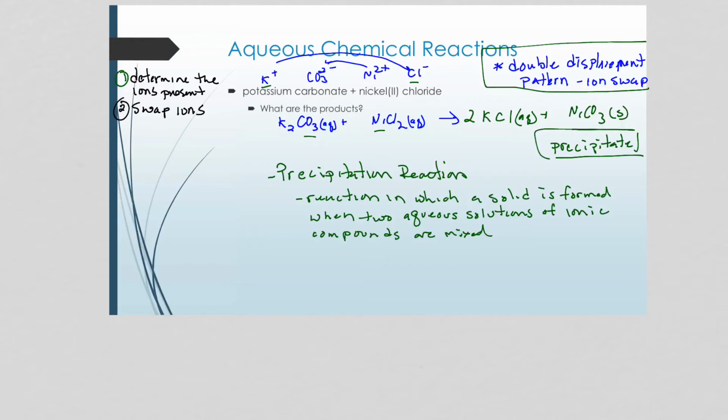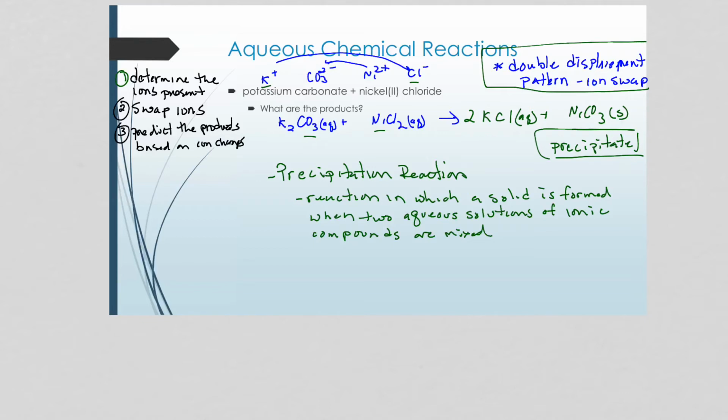So in other words, we do our double displacement. We predict the products based on the ion charges.